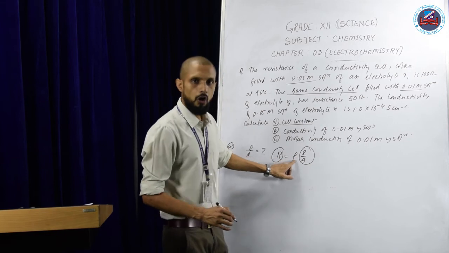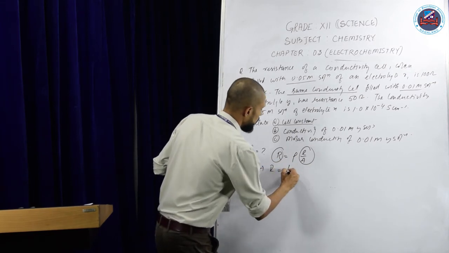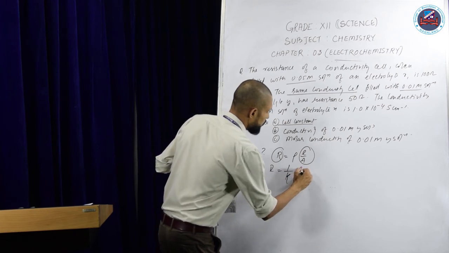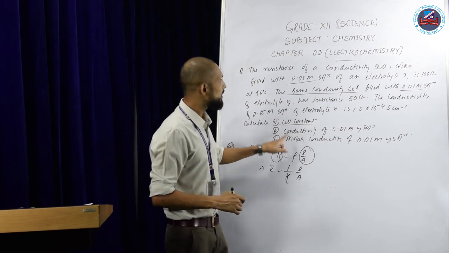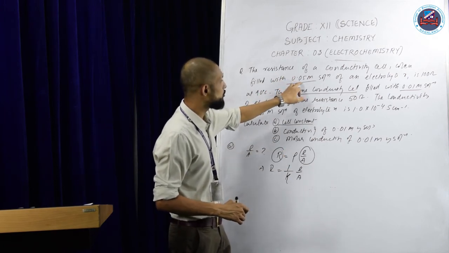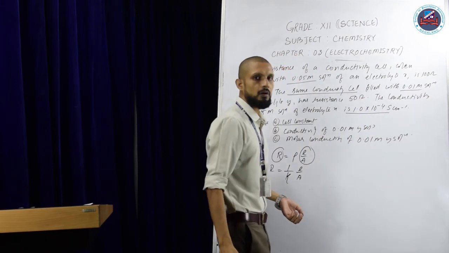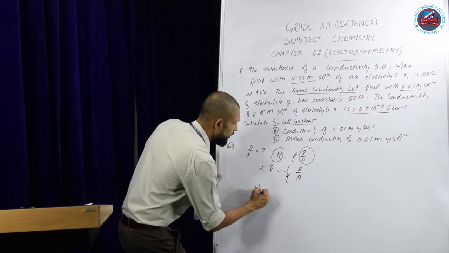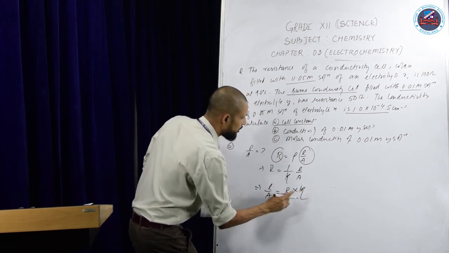Now instead of rho, that is specific resistance, we'll use kappa, that is conductivity. Why conductivity? Because the specific resistance is not given for 0.05, but instead we have the conductivity, that is kappa. So from here, cell constant L by A is equal to resistance multiplied by conductivity.